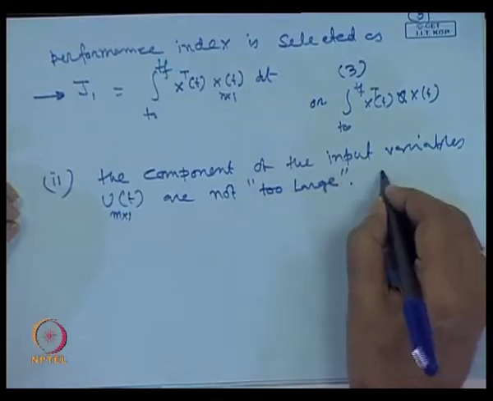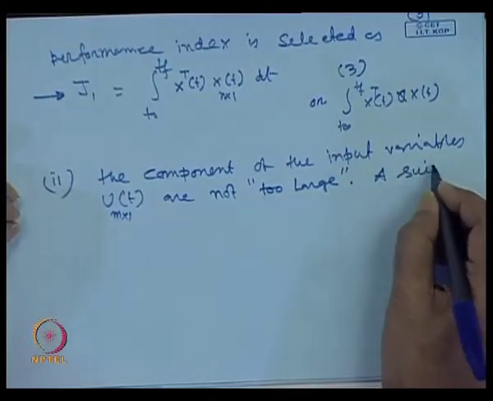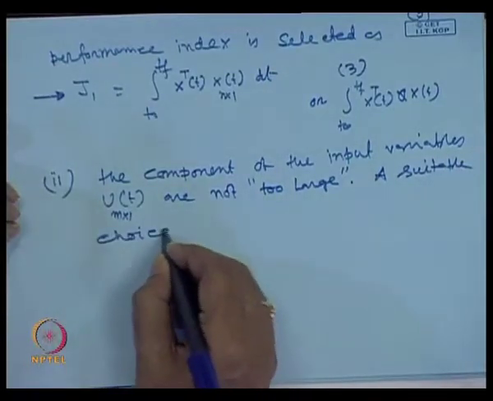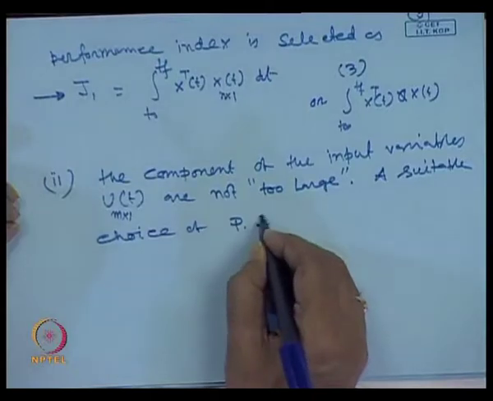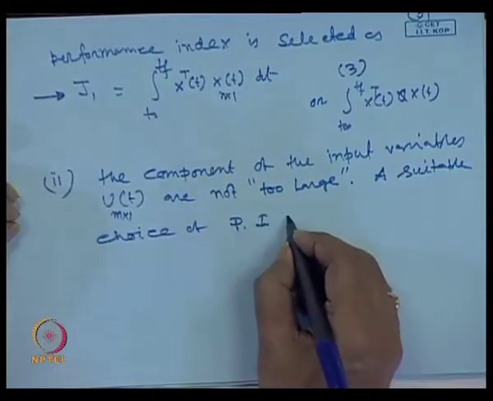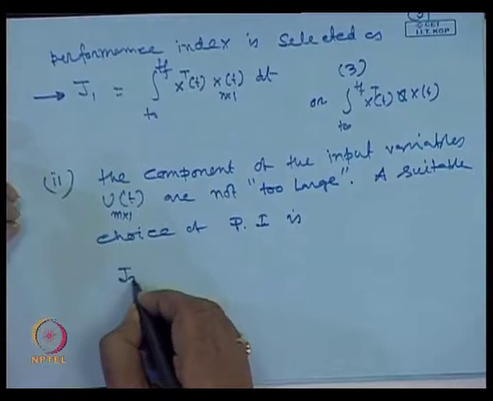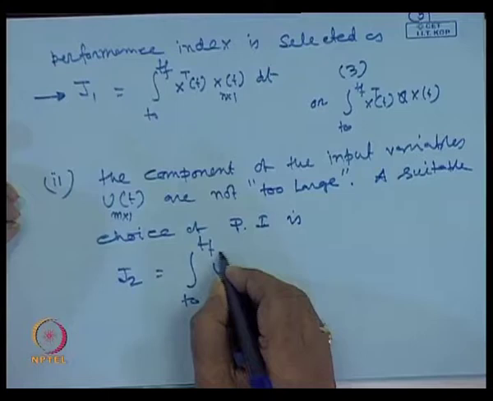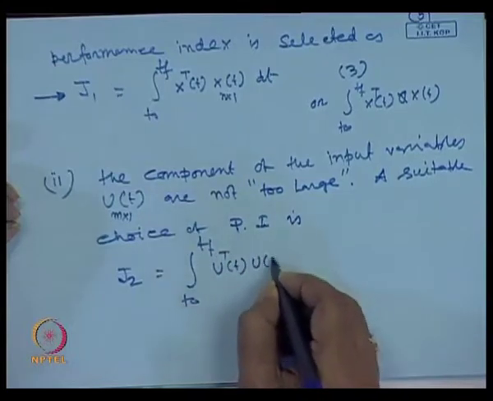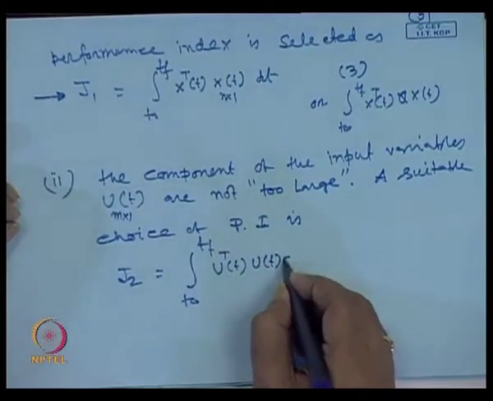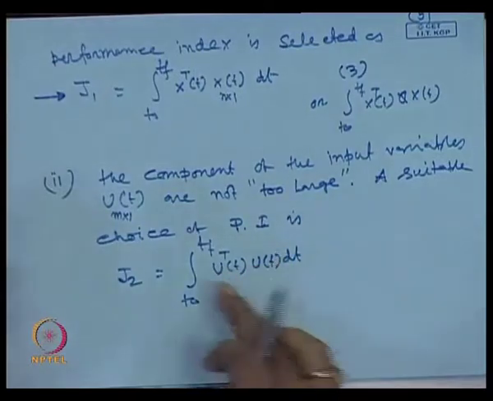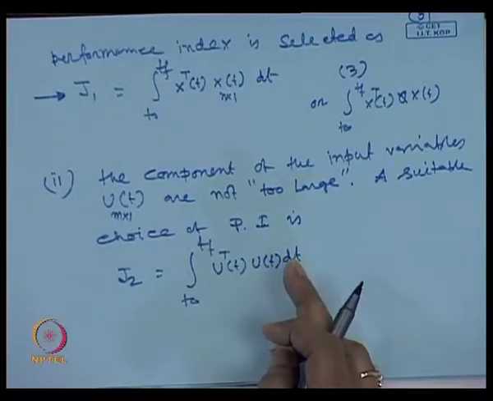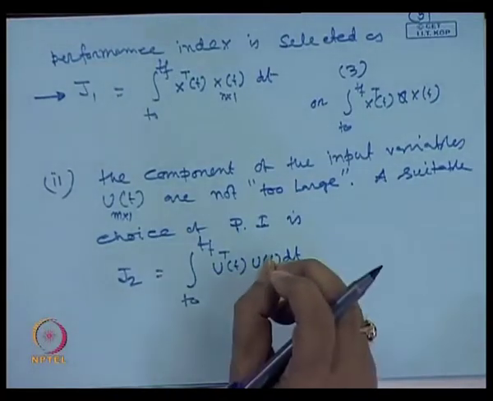Then our suitable choice of performance index is J2 equal to the integral from t0 to tf of u transpose u dt. Here u is the control effort, just like in our previous example it is a current.